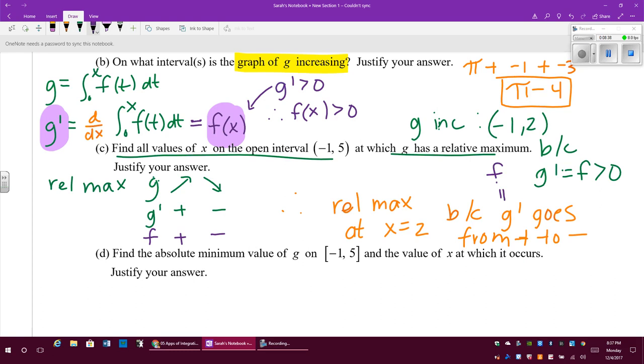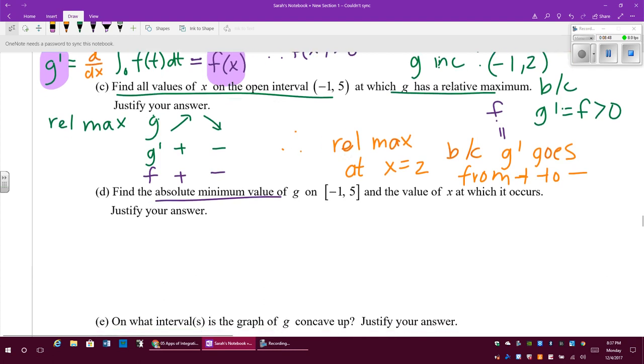Okay? Now, what about the absolute minimum value? The absolute minimum value. Okay? Now, you need to remember that anytime you're asked about an absolute, your brain needs to immediately go to candidates test.